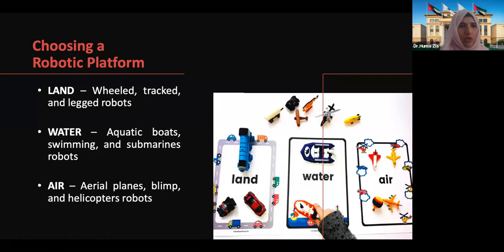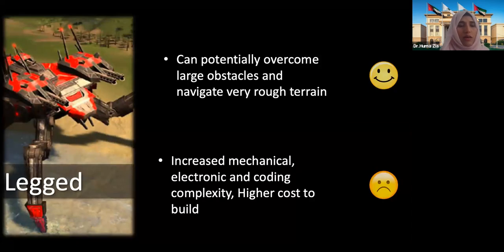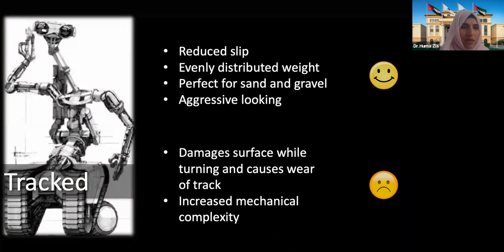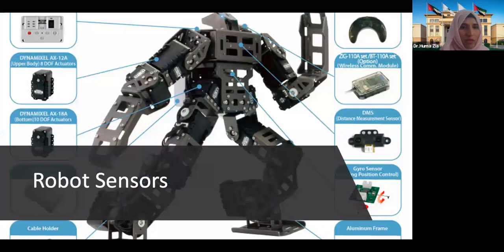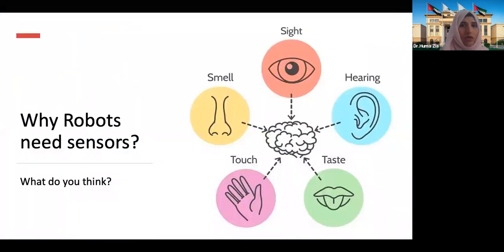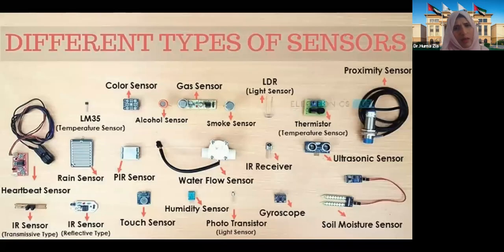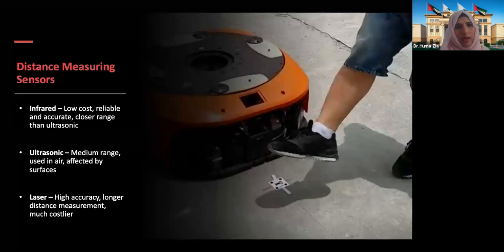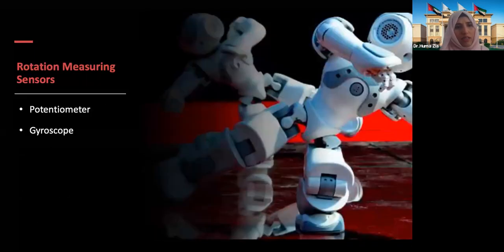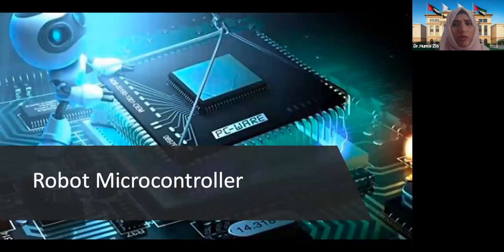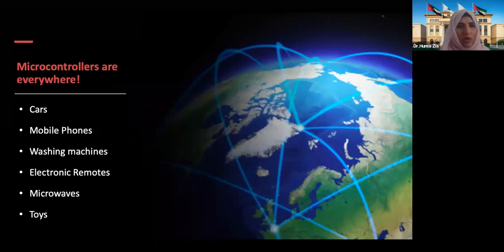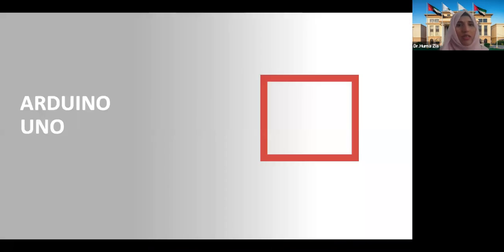Different types of robots: land robots, different types of land robots, legged, tracked, wheeled, aerial robots, aquatic robots. Different types of sensors I talked about, again, types of sensors, and the actuators that you need. So basically these are the components that you need for developing a robot, and what microcontroller to consider.